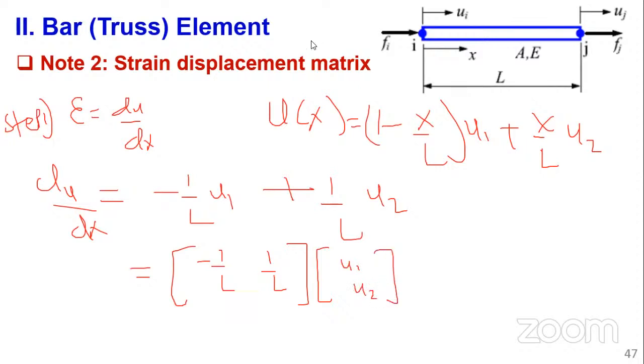In short, this quantity, strain, can be written as matrix B times matrix U, where U represents the displacement vector, so you use the braces, and the rectangular matrix B represents what we call the strain displacement matrix.